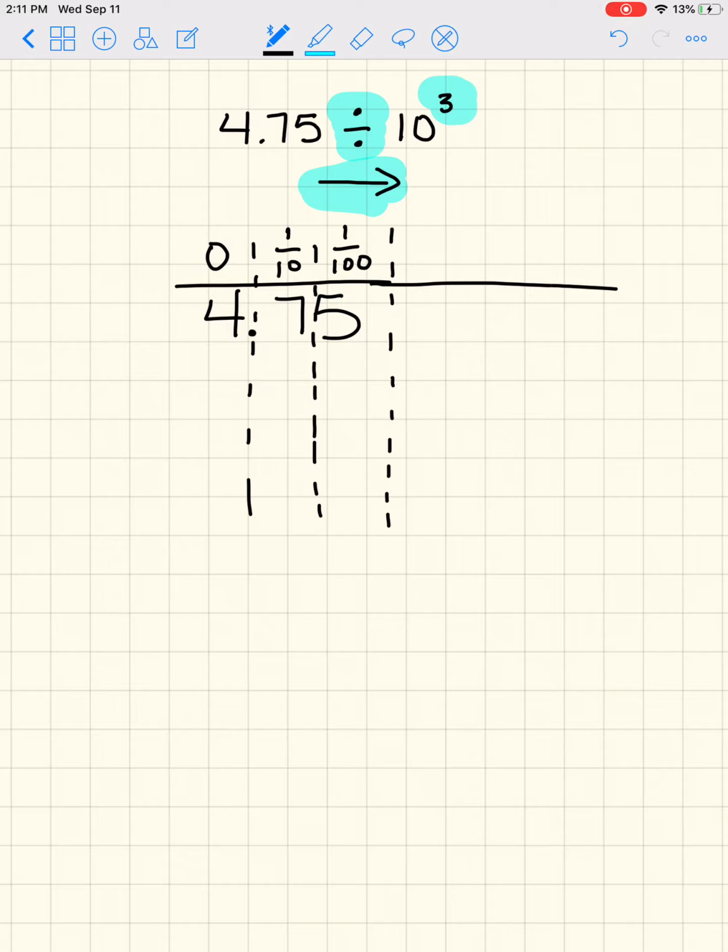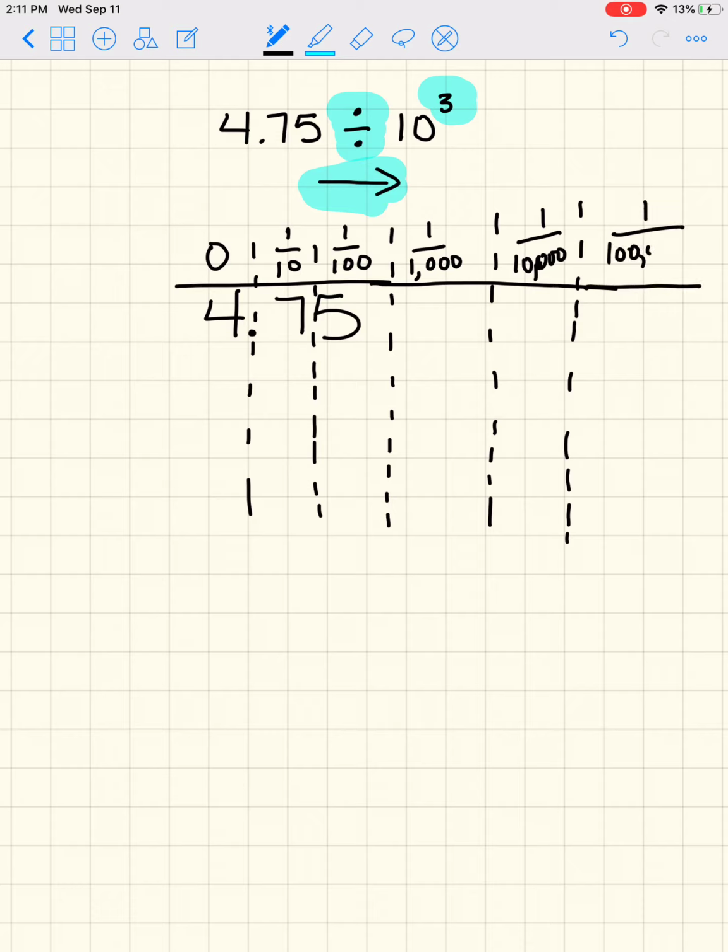So, the next 3 place values to the right are going to be 1,000th, that's a 5th grade standard, and then we'll expand out, so there's our first place value, then 1/10,000th, and then our 3rd place value is 100,000th. So there's our place values.